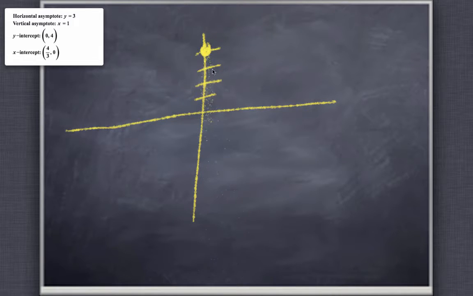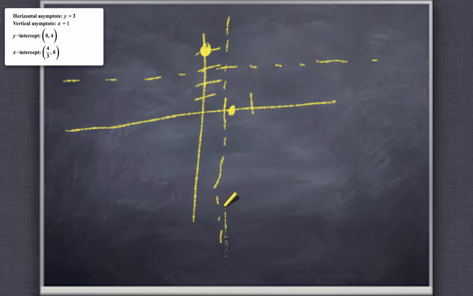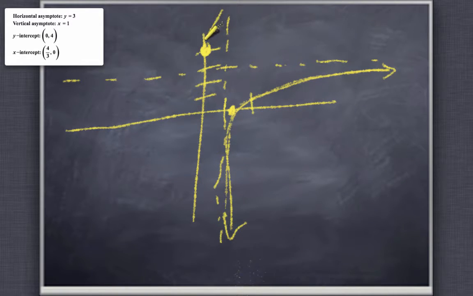So we need to put 0, 4, and 4/3, 0 in there already. And then we need a horizontal asymptote at 3, and a vertical asymptote at 1. So then, to do the simplest possible thing, we would just approach both of these asymptotes and pass through there, and approach both of these and pass through there.